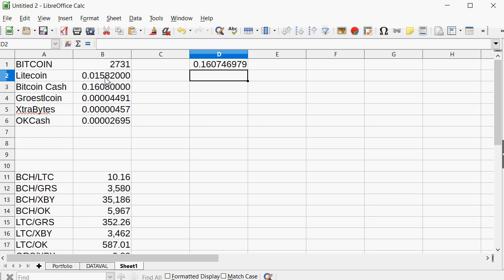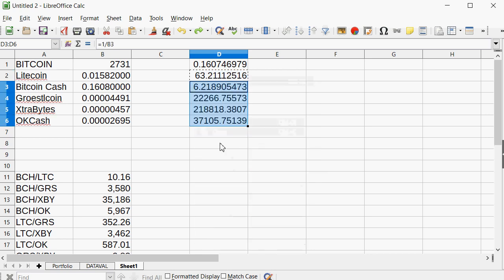So then we can see, well, just even showing it this way, just the inverse of a number. I know that I can get 63 Litecoin for one Bitcoin, and the rest of the ratios would look like that. Okay.